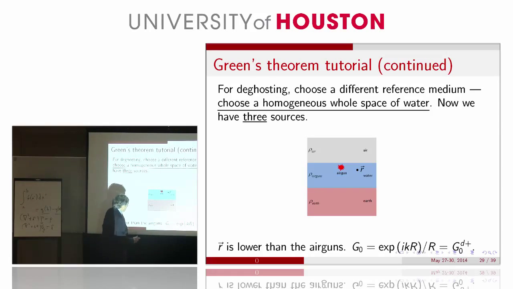Okay? So if you're at a point here, then the contribution, in other words, below the air gun, this R, then the air gun is having a wave down. The air has a wave down in that, with this kind of reference, and the earth is the only part of the wave here that's up with that G0 plus.